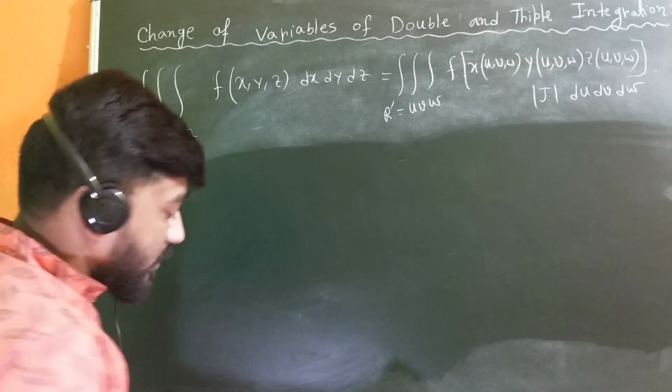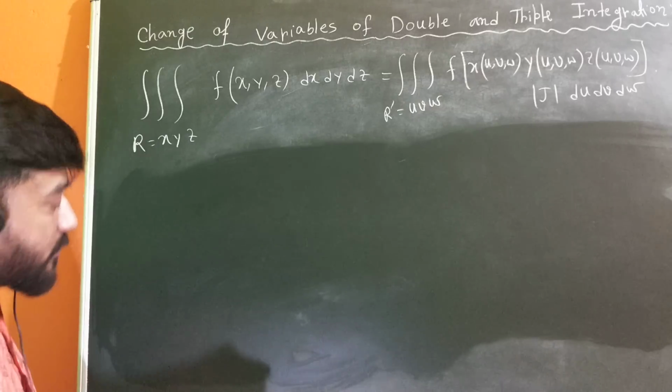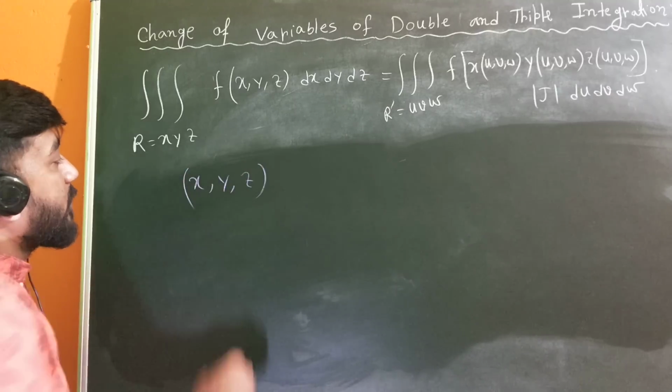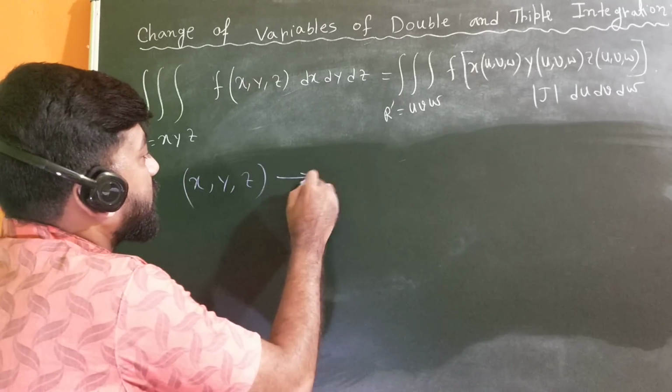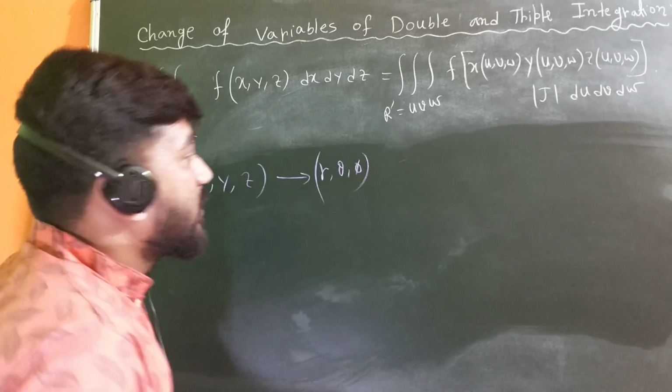So what will be the thing in that case? In that case we again have the conversion formula from xyz to r, theta, phi, and now what are the conversion relations?